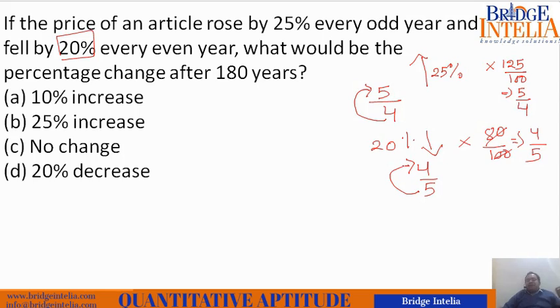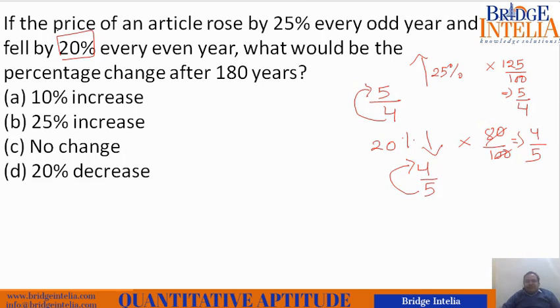So 5 becoming 4 signifies reduction of 20%. The denominator represents the initial value. The numerator represents the final value. So whenever you say increase by 12%, then you have to multiply by 112 by 100. So 100 becomes 112. So this is the concept.